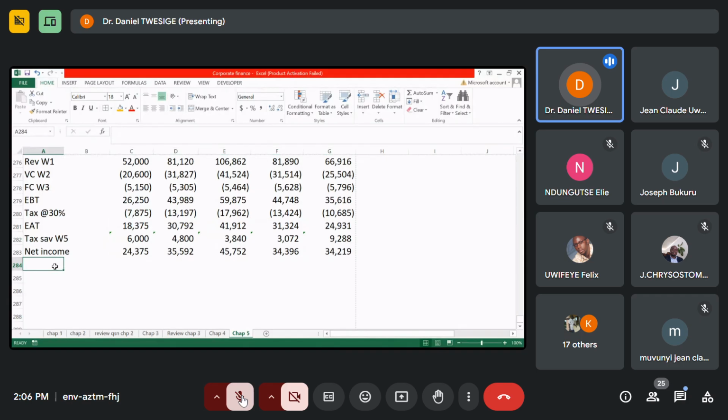Then I have my machines. It is investment, but we have assets. I have the assets, which is 100. Then I have a residual value. We said we separate residual of 20 here.